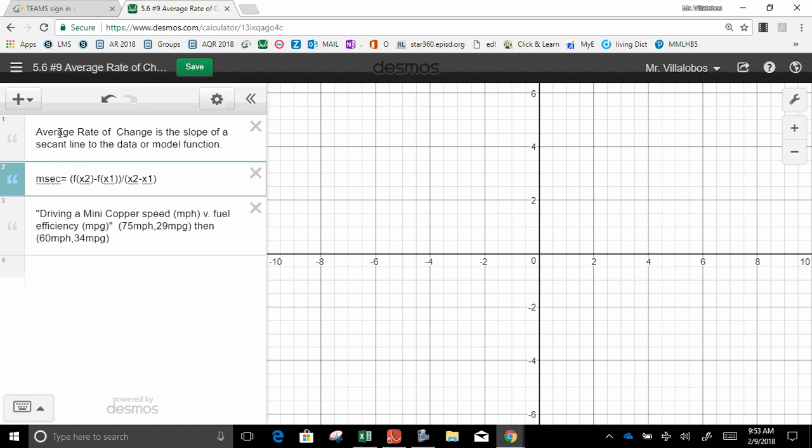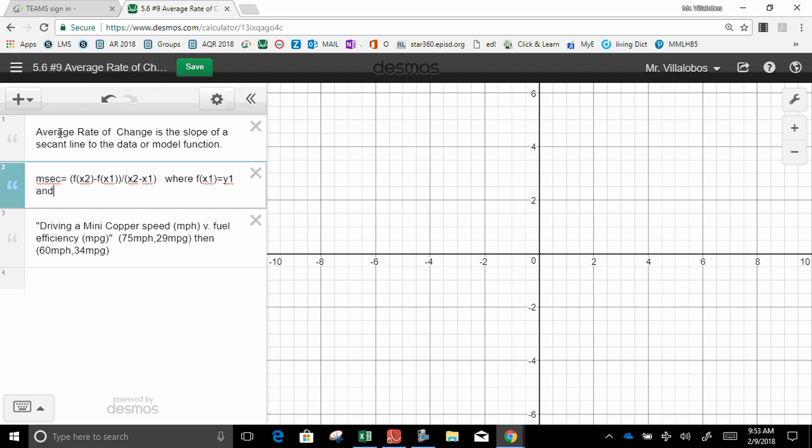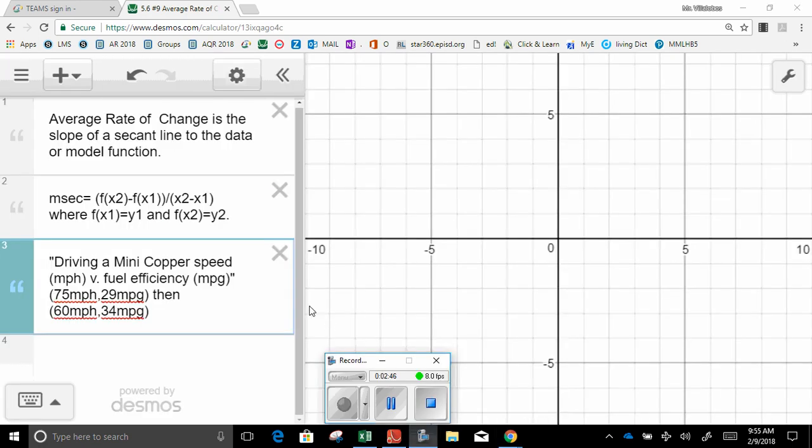That's the formula, where f of x1 equals y1, and f of x2 equals y2. Okay. I don't like how this looks, so I'm just going to delete that.